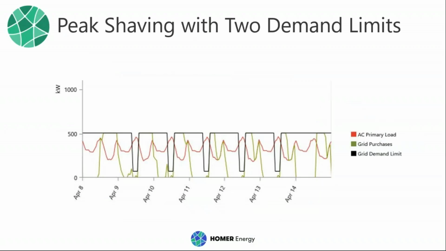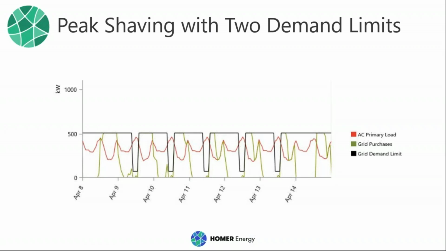There is the option to even run with two demand limits per month, since some utility tariffs include time of use demand rates, which only apply to maybe weekdays or certain times of the day. HOMER Grid can add a second demand limit, which coincides with these on-peak times, and it might save money when you reduce the demand even lower during that on-peak time.